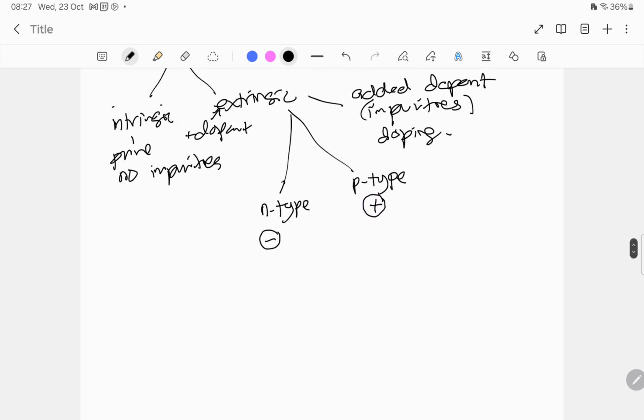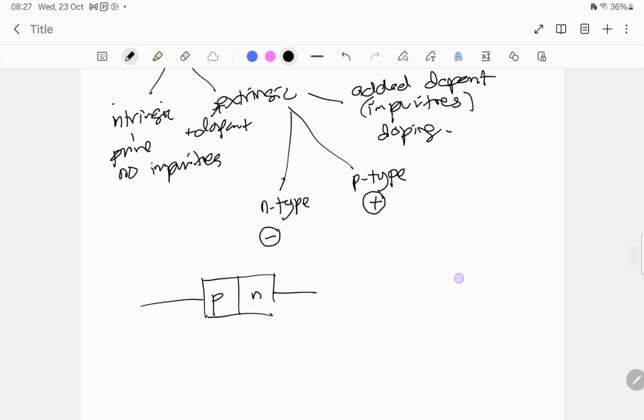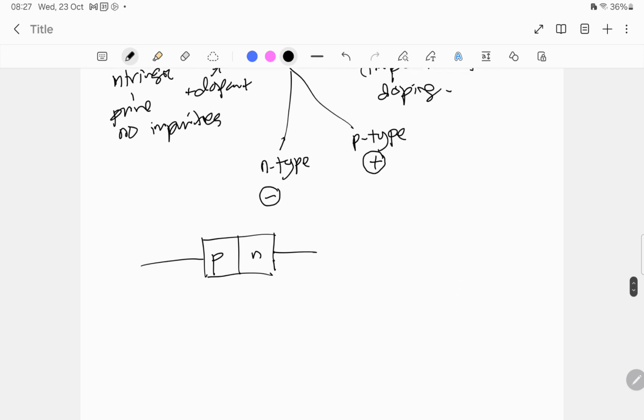And then when we have the two together, this is the PN junction.